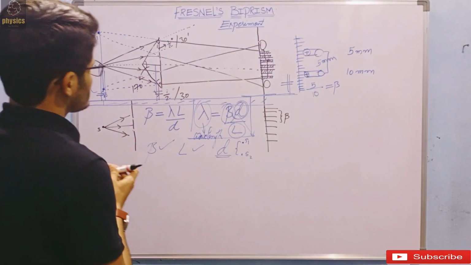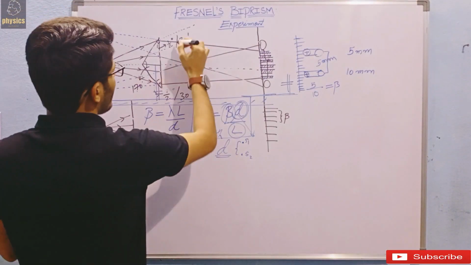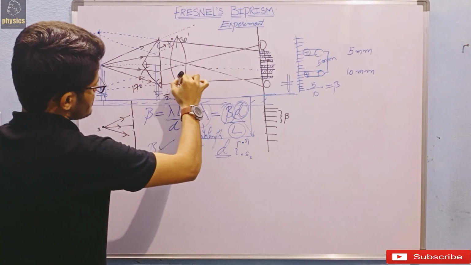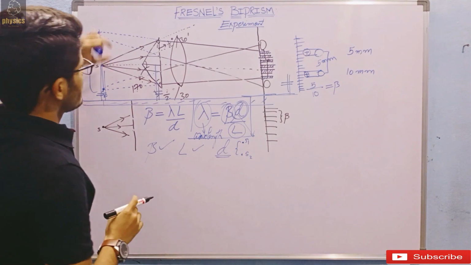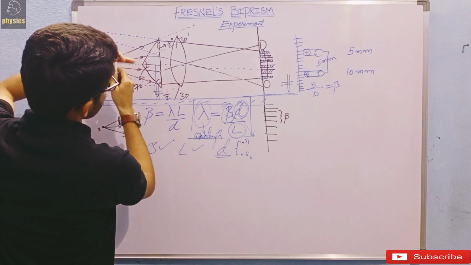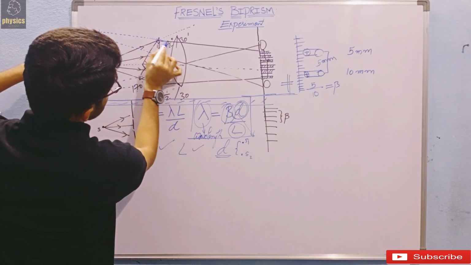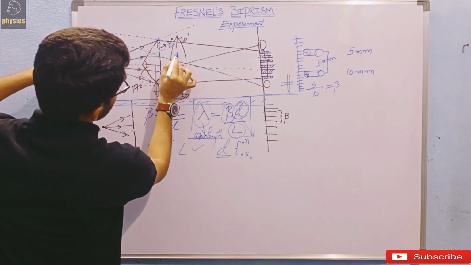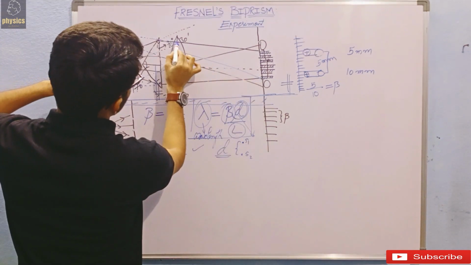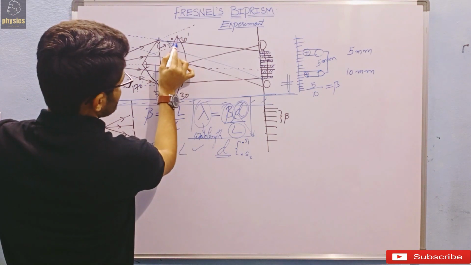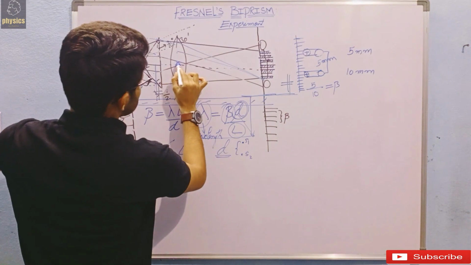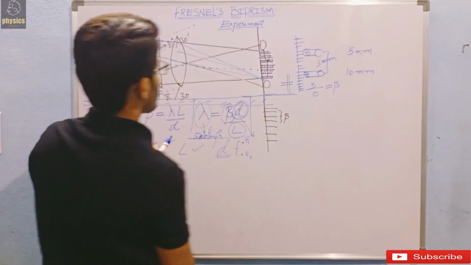The light rays from S1 hit the lens, and the lens focuses the light from S1 to a point.